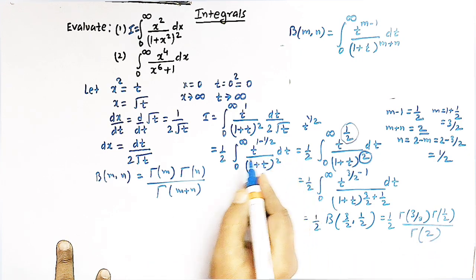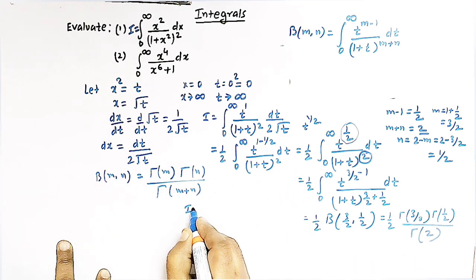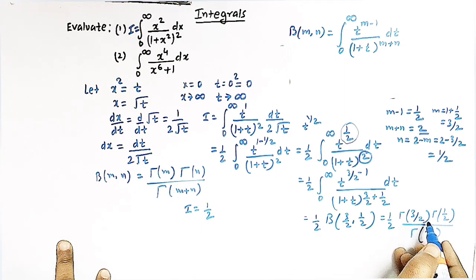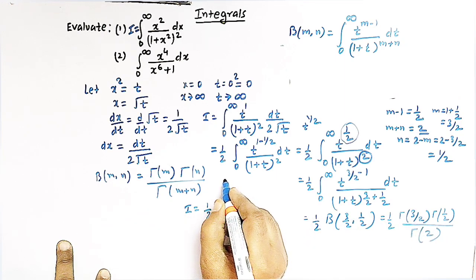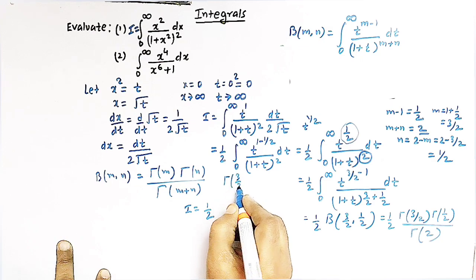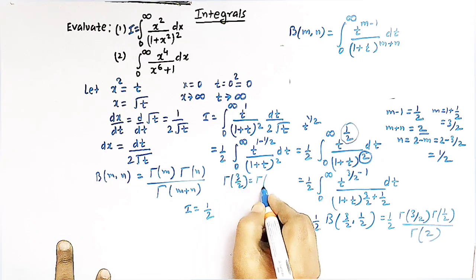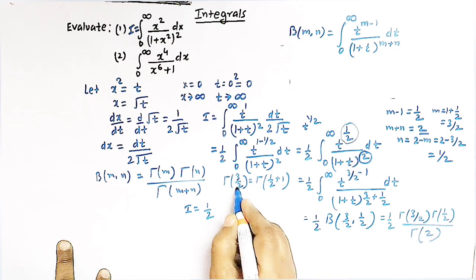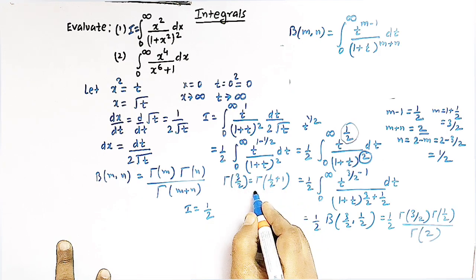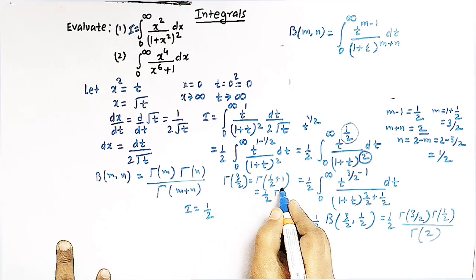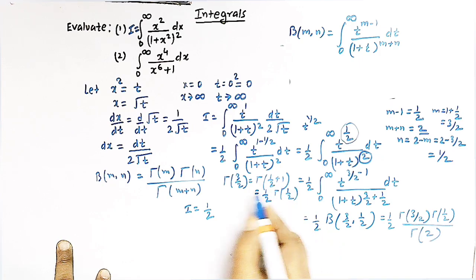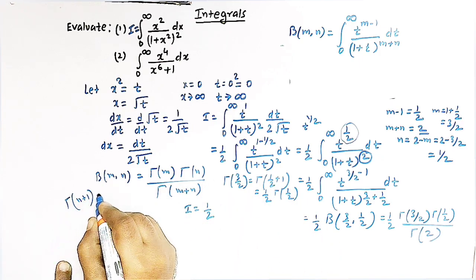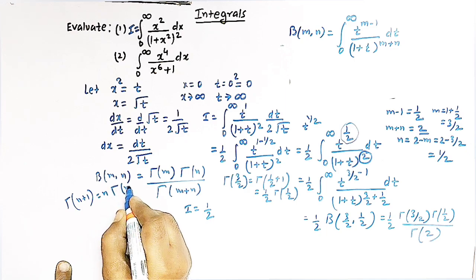So now the integral I is equal to half, and gamma 3 by 2. The value of gamma 3 by 2 can be written as gamma half plus 1. So we can split 3 by 2 like this, half plus 1. So we have half times gamma half, using this result, that is gamma n plus 1 is equal to n times gamma n.